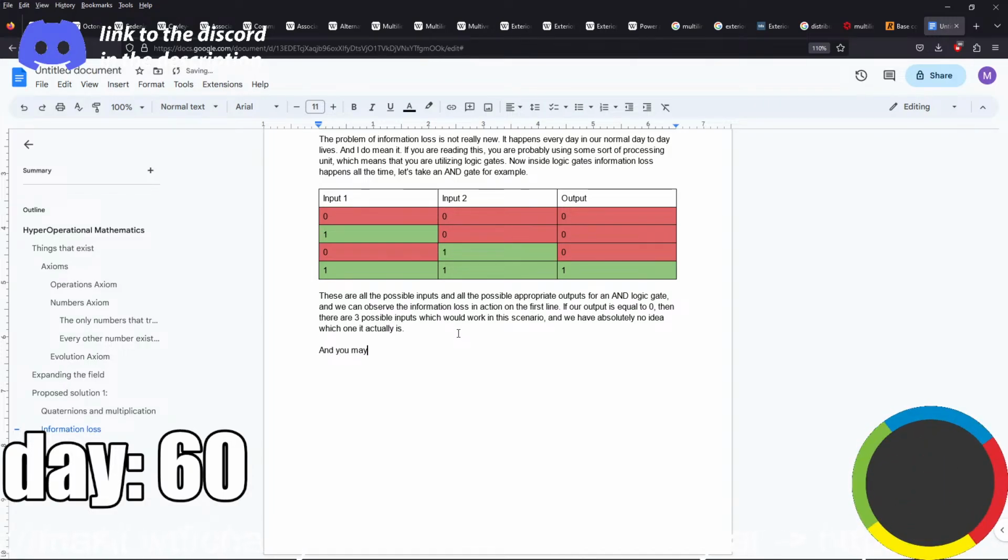And you may think that this is unrelated math, because exponents are so much different, but it is not.